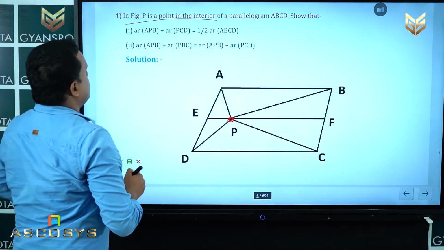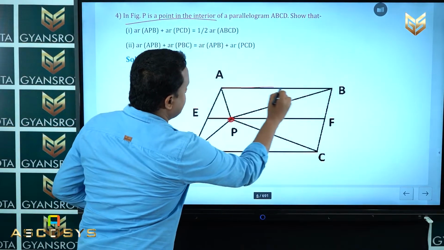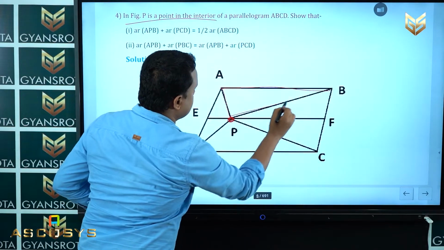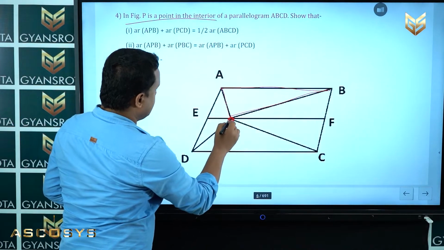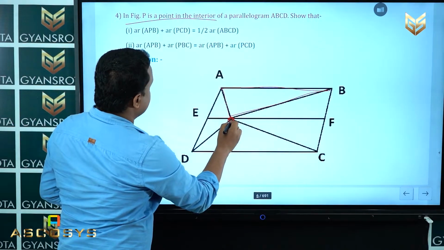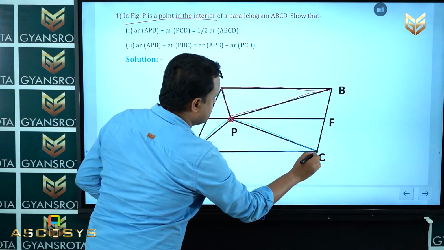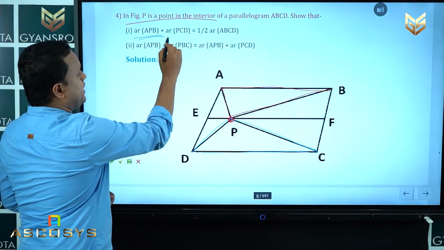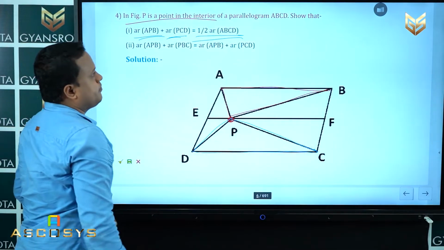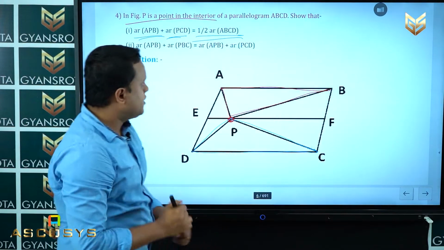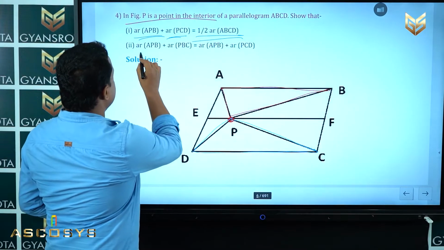Now we have to show that area of APB, this triangle, plus area of this triangle PCD, these two triangles, area of APB plus area of PCD equals half of the area of the whole parallelogram ABCD.